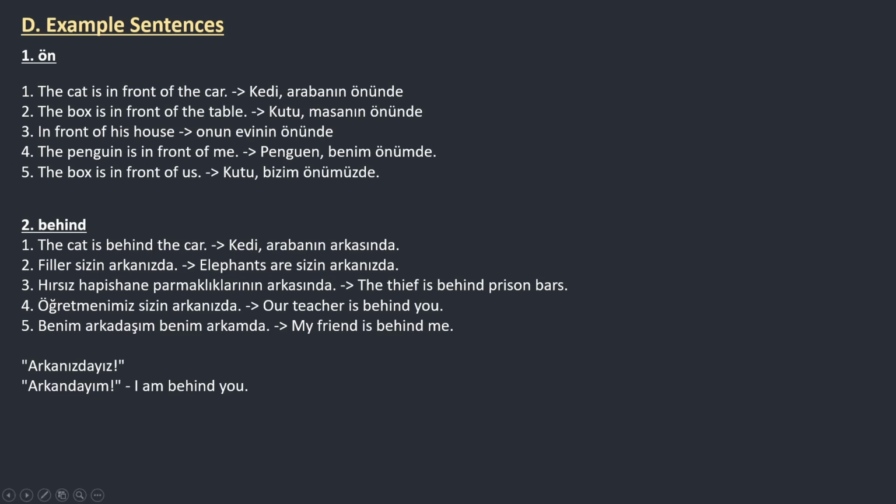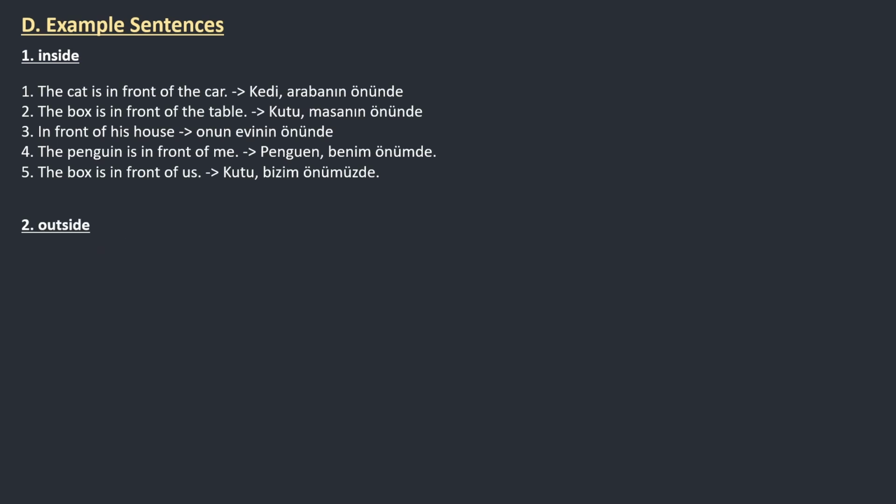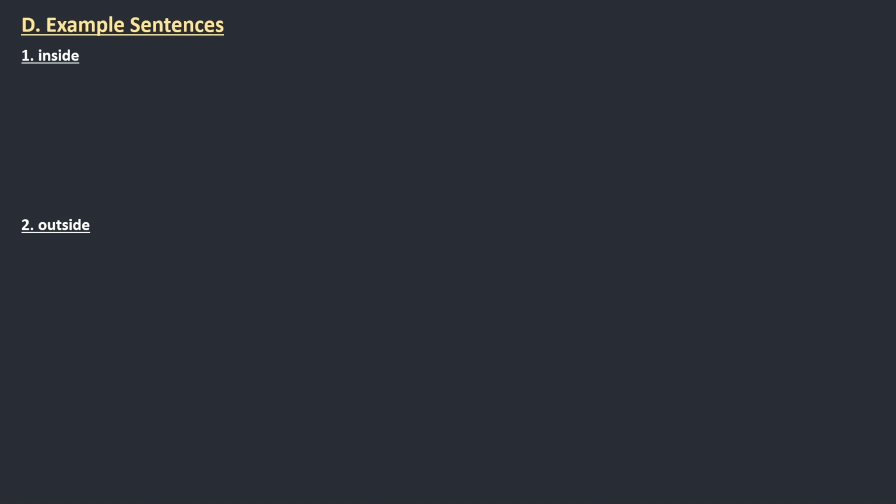So, inside, let's have 5 examples for each, and outside. I will type the first example, inside. How to say something is inside? For example, I always use the default sentence: the ball is inside the box.